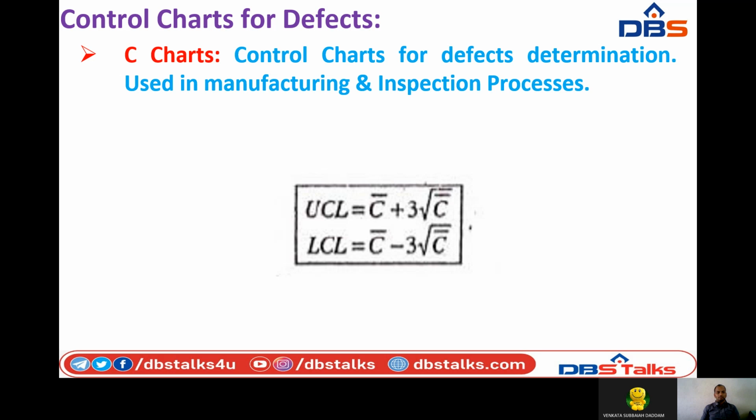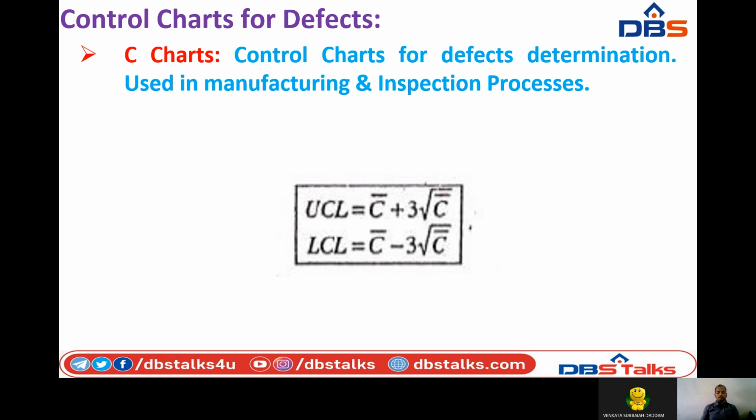These charts are mainly used in manufacturing and inspection processes or any organizations also. So C charts help to determine the percentage of reduction in the defects per unit.